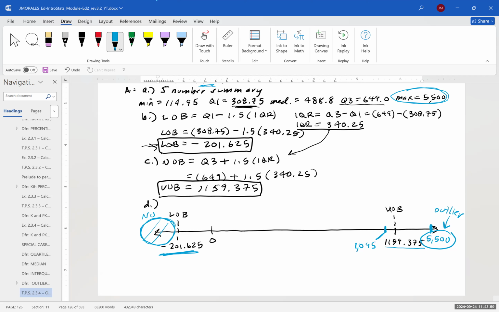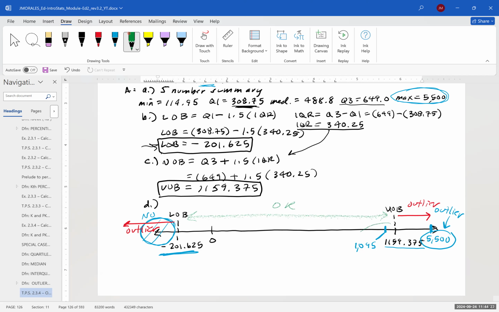So, any value that is above the upper outlier boundary, that's an outlier. Any value that's below the lower outlier boundary is an outlier. But everything in between is okay.